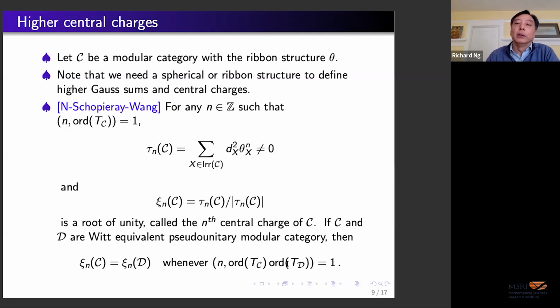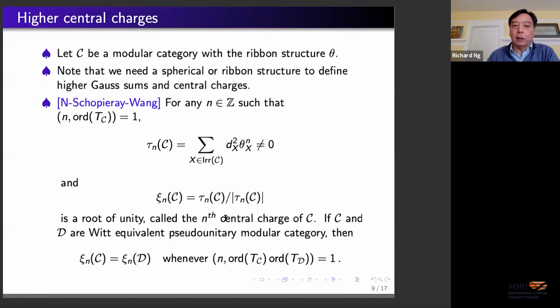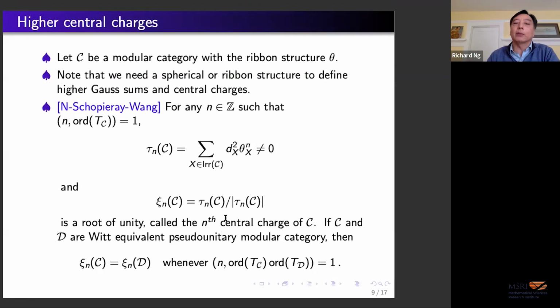So there's some ambiguity here, but if I can choose an n that is relatively prime for both T matrices, then I'm fine. It poses a problem in that we have some difficulty computing it, but it is also computable. You can implement it on a computer to compute the higher central charge of finitely many pseudo-unitary modular categories.